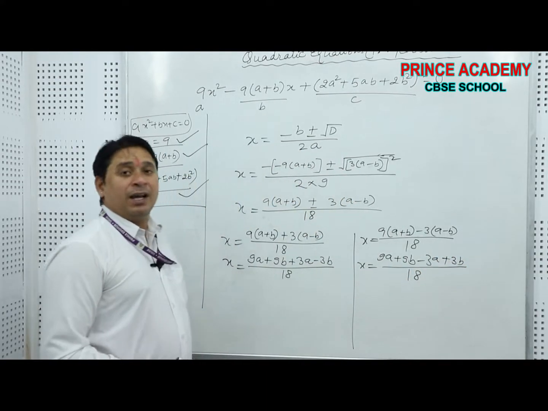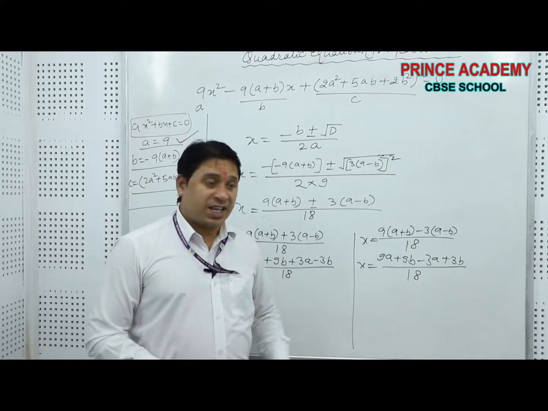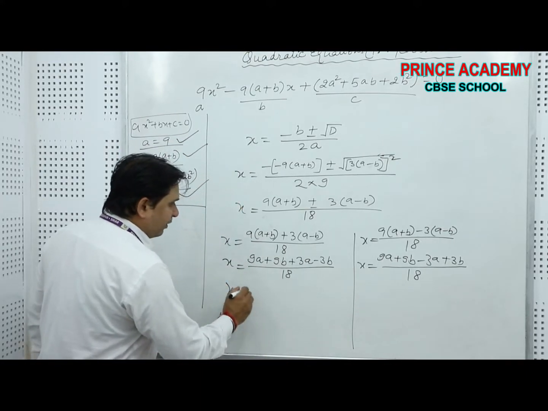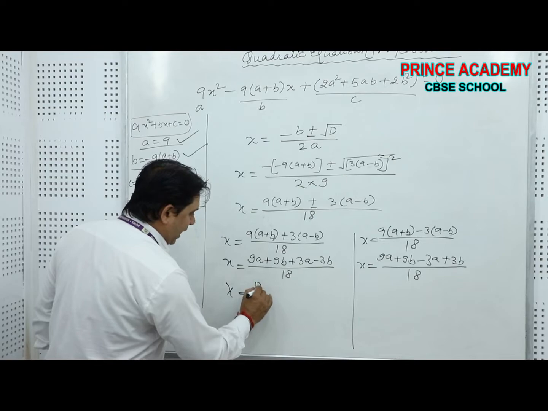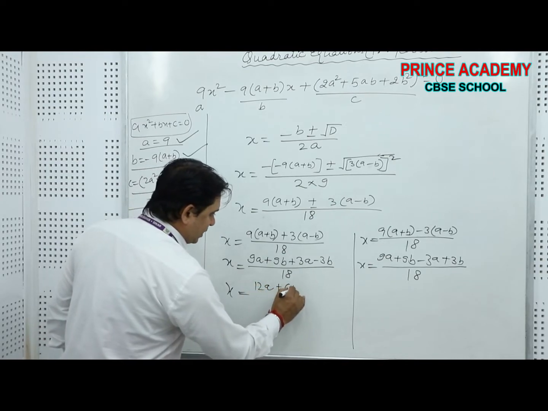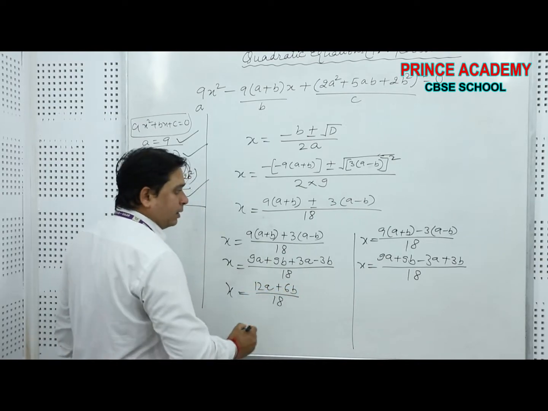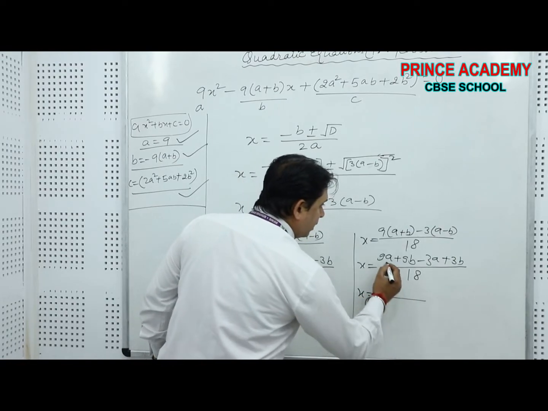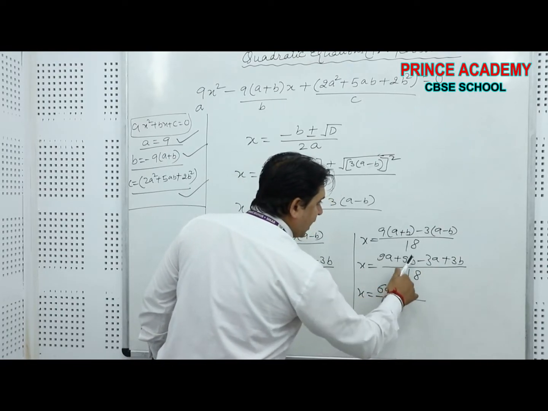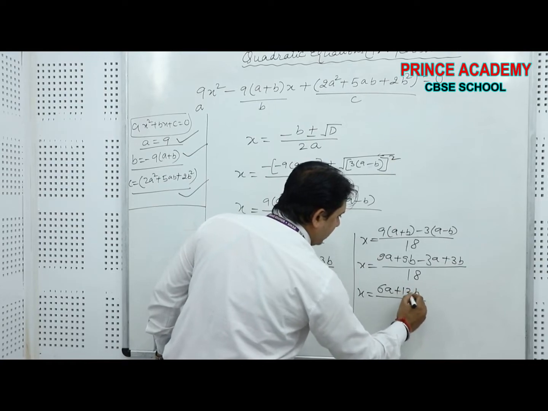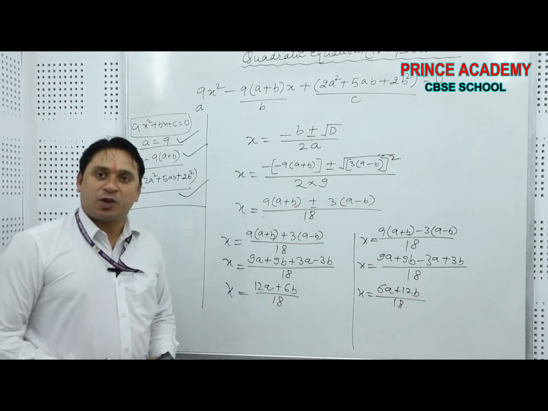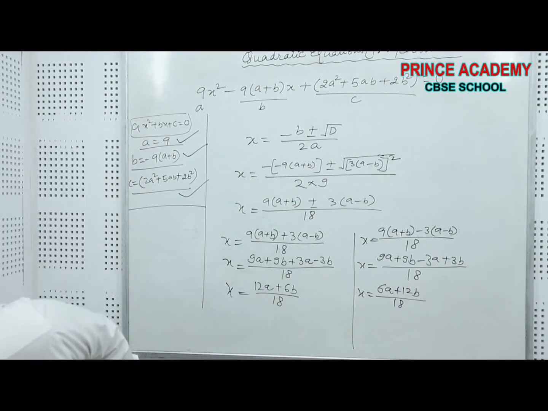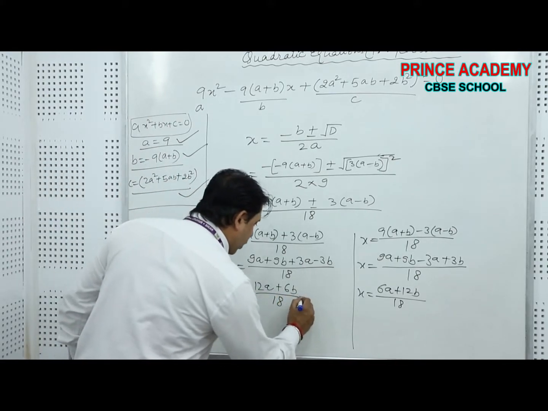So simple calculations are these, beta. See, now what will you get? 9a plus 3a, 12a plus 6b by 18. And here x will be 6a, 9 plus 3, 12b by 18. Yes or no? Done. And finally we can take 6 common from here.